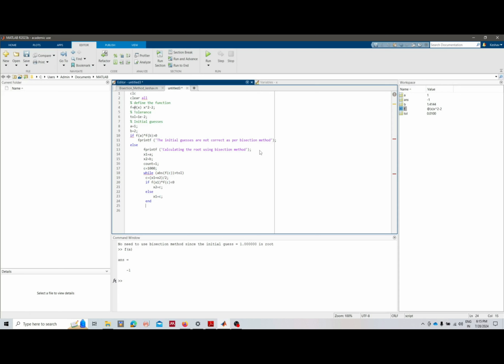And now we need to put some criteria on the count. So count equals count plus 1. Now I am writing the count criteria. If count is greater than 2000, I need to break, I need to go out of the while loop.